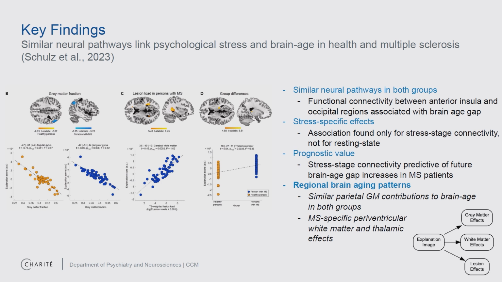So what we could do here is, again, run linear models on the model explanations, and that allows us to say, for example, for which areas of the brain variation in gray matter fraction was able to explain the elevated brain age in these participants.